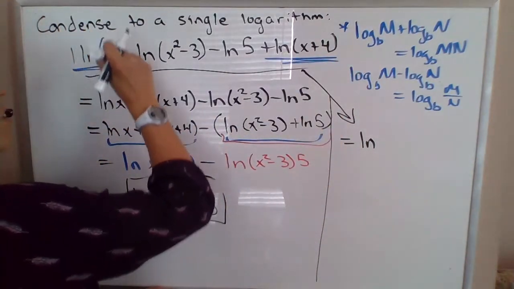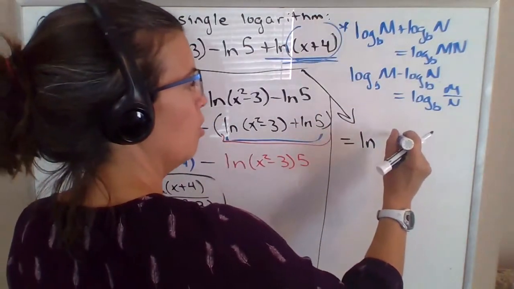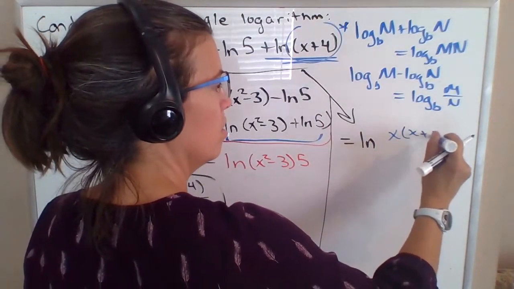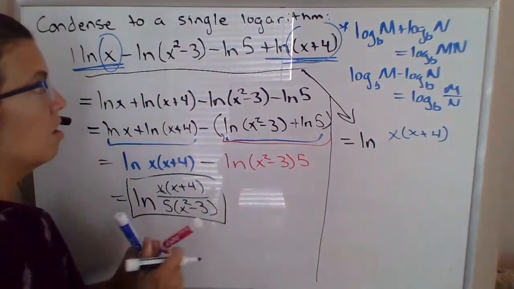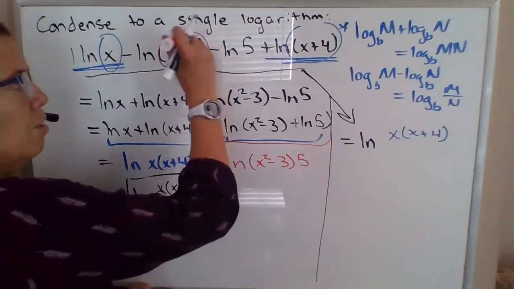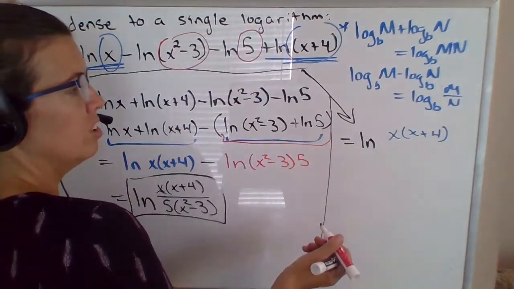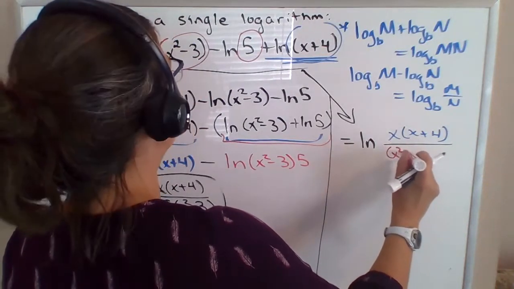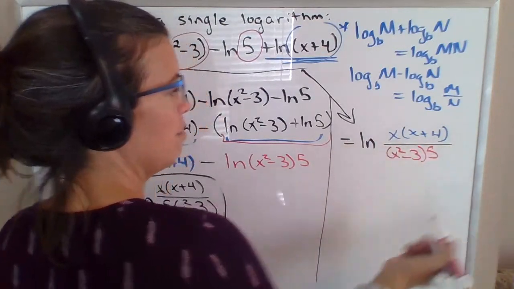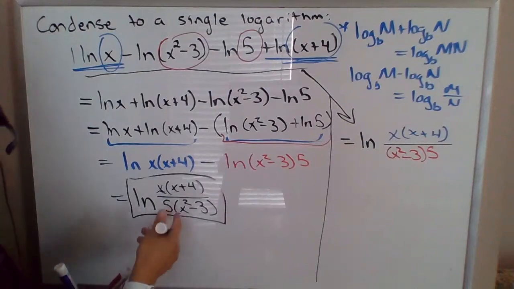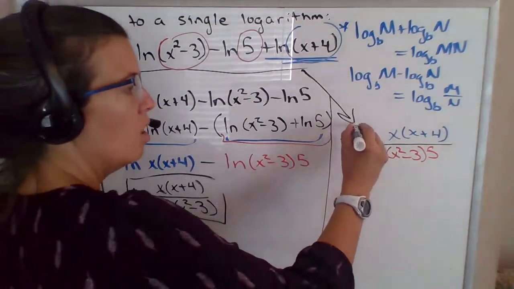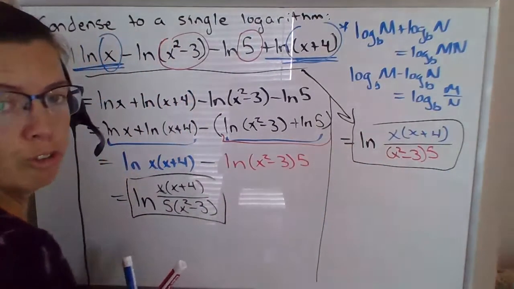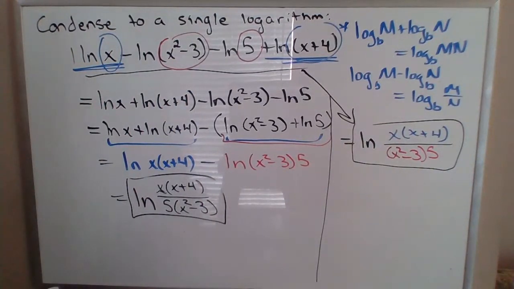So the numerator is going to be x times x plus 4. This one has a negative coefficient, this one has a negative coefficient. So on the bottom, we're going to have x squared minus 3 times 5, which is equivalent to what we came up with here.